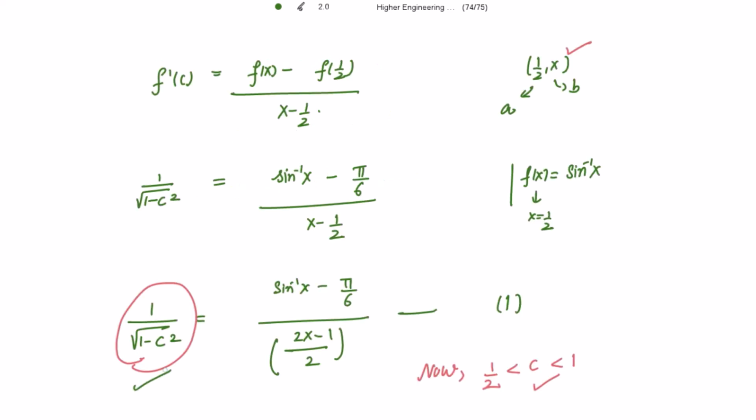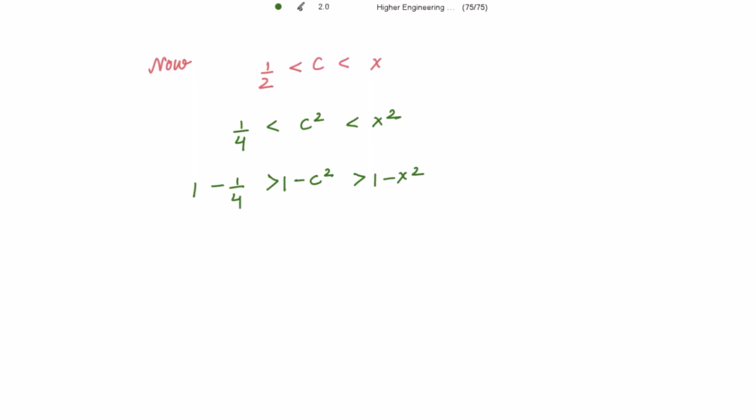When taking the negative sign all over, the sign changes, and then adding 1, we get 1 minus c squared, but we need 1 divided by square root of 1 minus c squared. So this is 3 divided by 4. Taking the reciprocal now, this is 4 divided by 3, then 1 divided by 1 minus c squared, and 1 divided by 1 minus x squared. When taking the reciprocal, again the sign changes.